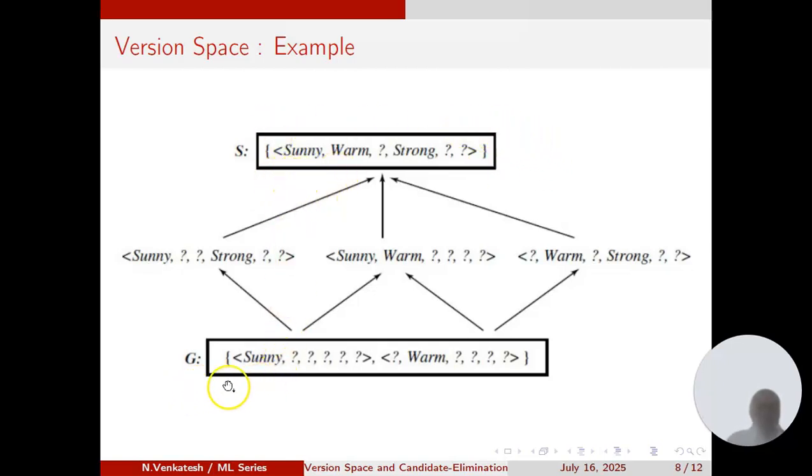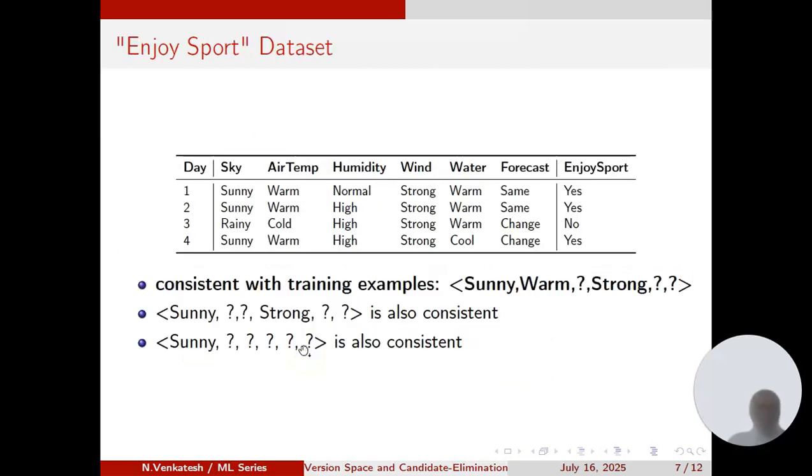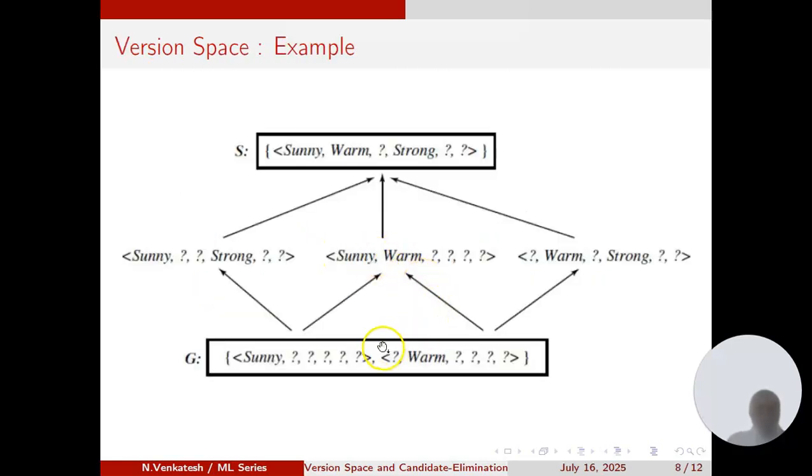And if you observe, sunny followed by remaining attributes can be any value, and the air temperature is warm and remaining attributes can take any value. That also satisfies.